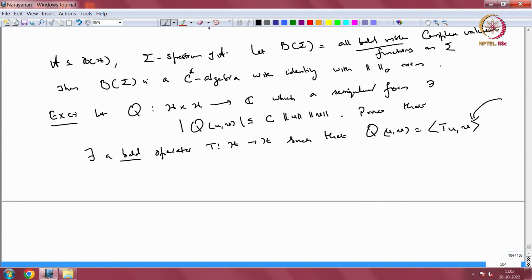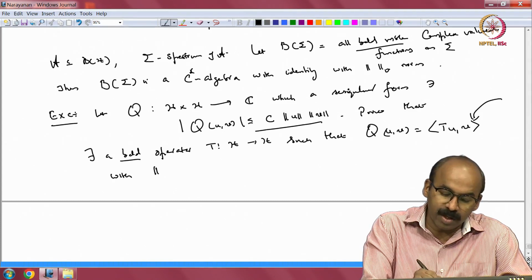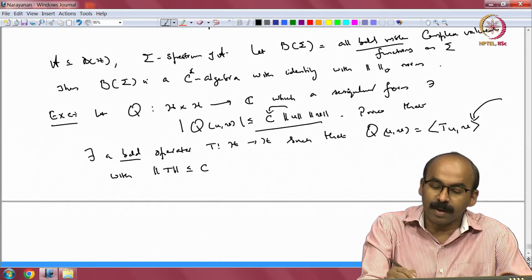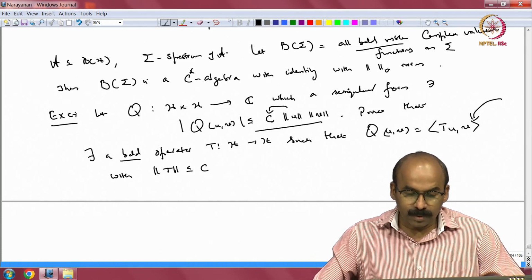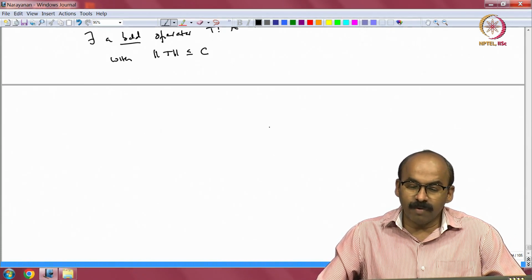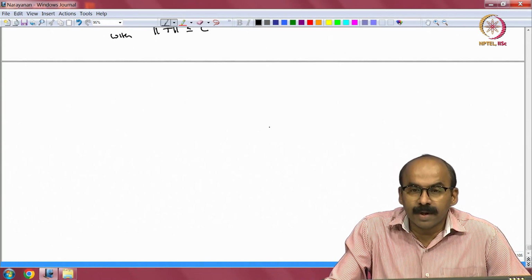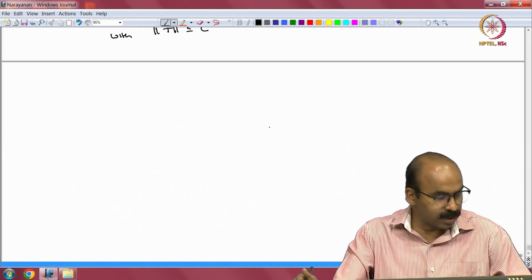So, whenever you have a sesquilinear form of this kind with this bound, then there is a bounded operator T such that Q u v equals the inner product of T u with v, with, of course, the norm of T less than or equal to C, whatever constant is coming here. Okay. So, that is easy. That is the way to define certain operators. So, it is enough to define this sesquilinear form which is continuous. Okay. So, that is what we will do.